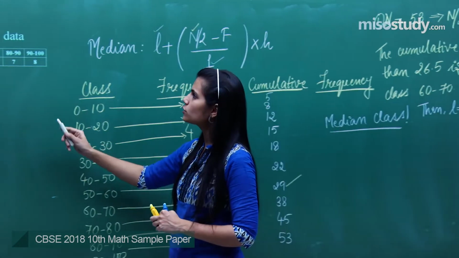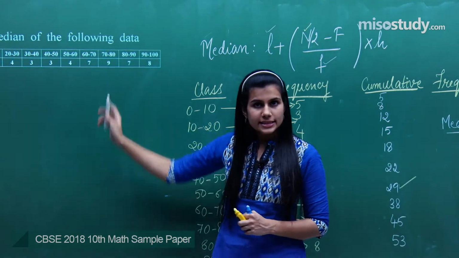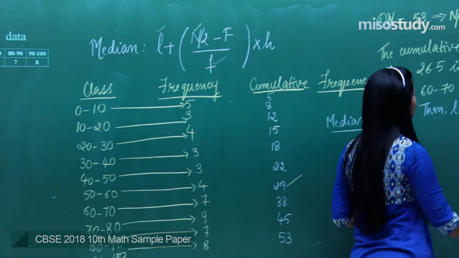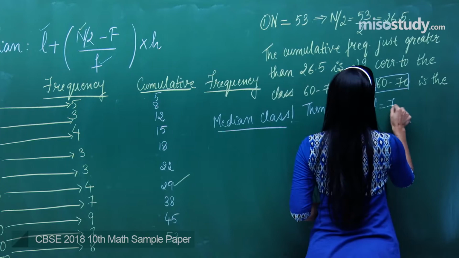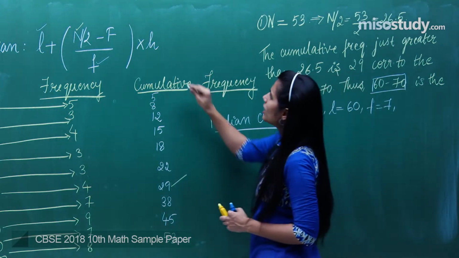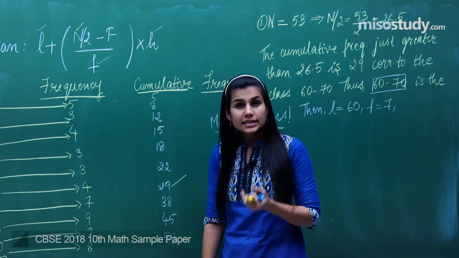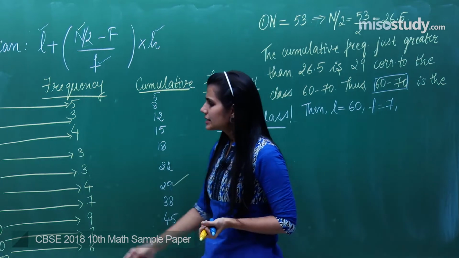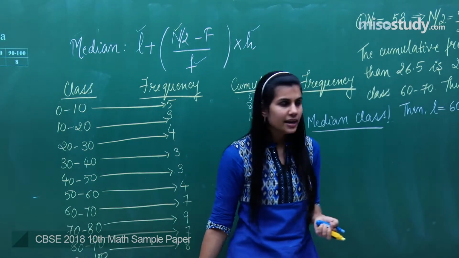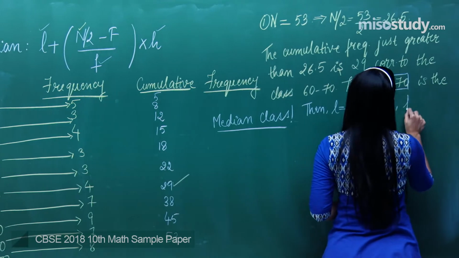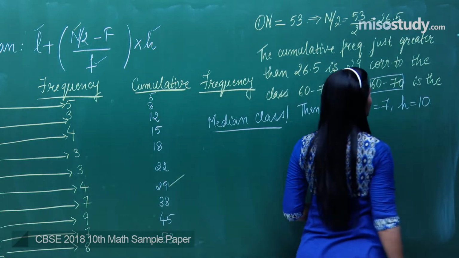You can check, for 60 to 70, the frequency is 7. So small f is equal to 7. You also have your small h, which is the size of that median class. The size of every class is 10, and so the size of the median class, denoted by small h, is also 10.